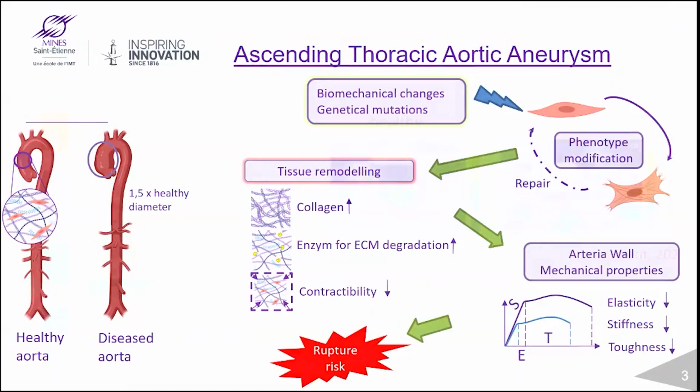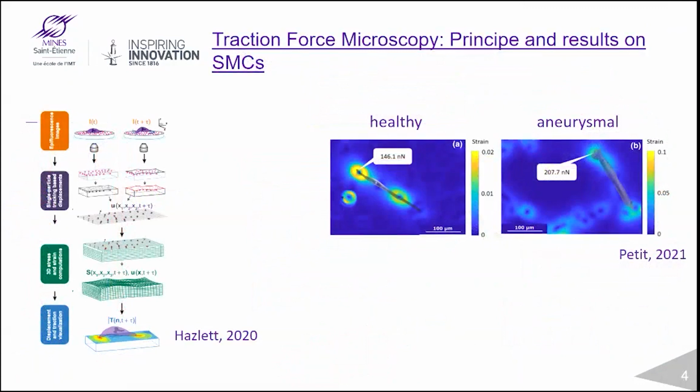So, few things have been studied in terms of smooth muscle cell behavior and their change in biomechanical properties. One way to assess the contractile behavior of the cells is traction force microscopy. It consists of taking two pictures of the cells in their environment.